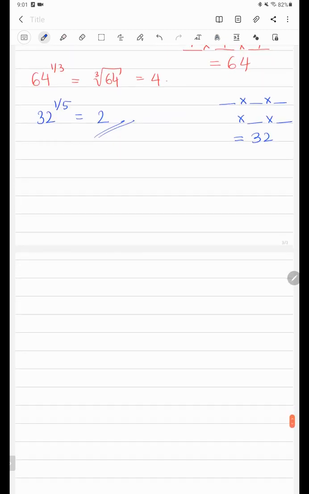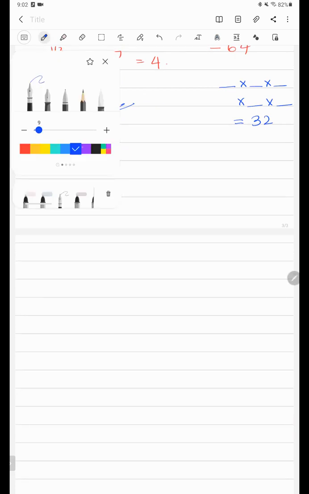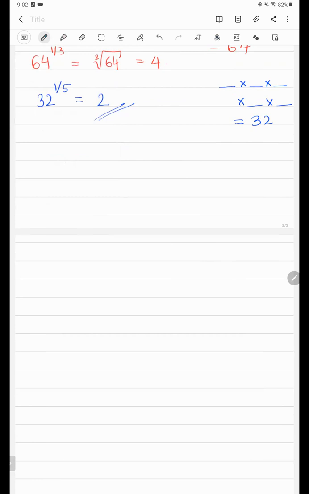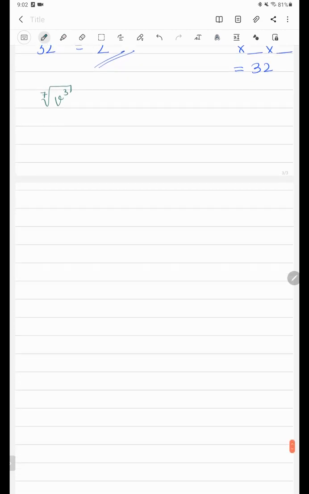All right. So now let's do a more interesting question. I'm going to give you an expression, and you have to tell which of the following expressions are equal to it. There can be more than one correct answer. Which of the following expressions is equivalent to the 7th root of v cube?